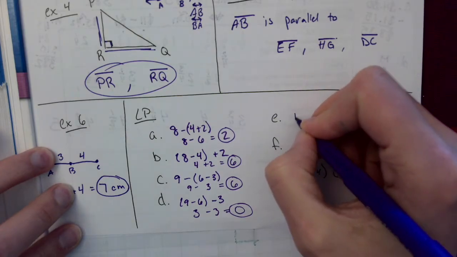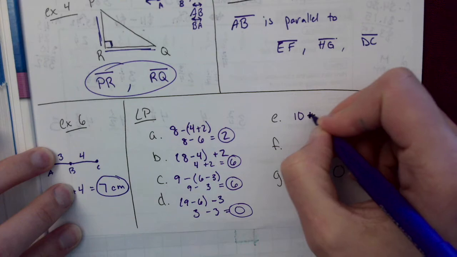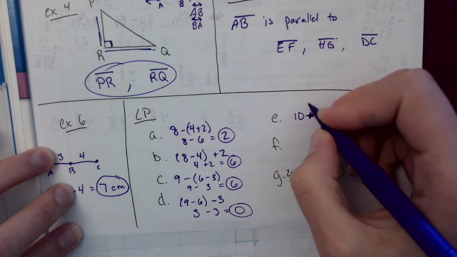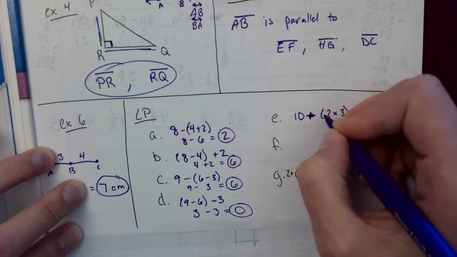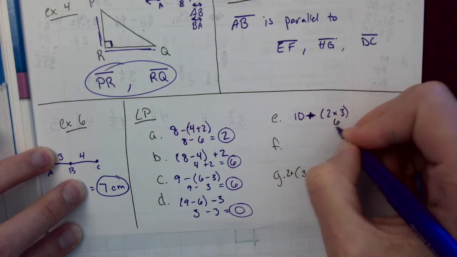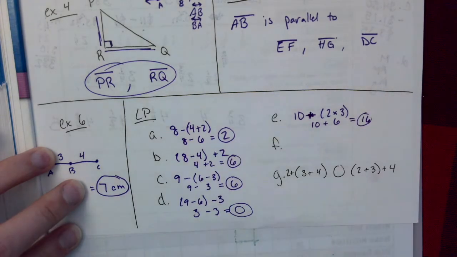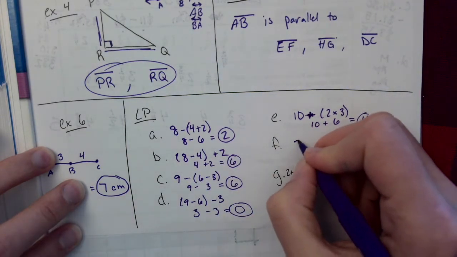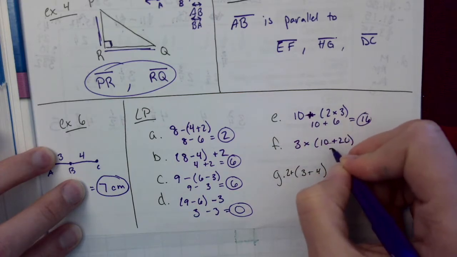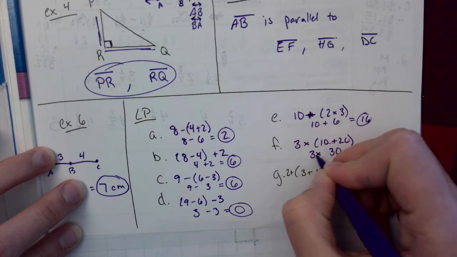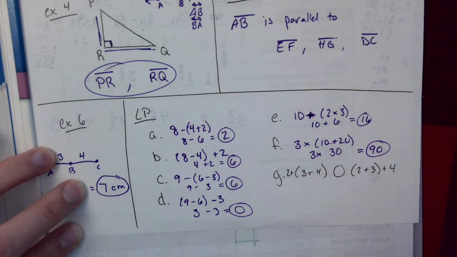E, 10. Oh, sorry, there should be a plus. It's a plus sign. 2 times 3. 2 times 3 is 6. 10 plus 6 equals 16. And then 3 times 10 plus 20. 10 plus 20 is 30. 3 times 30 equals 90.